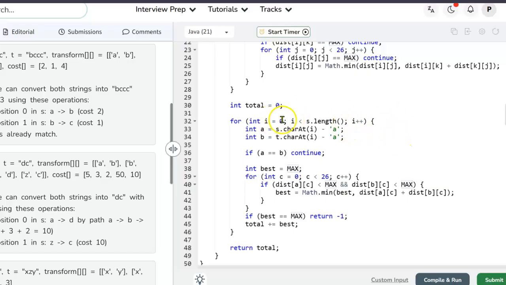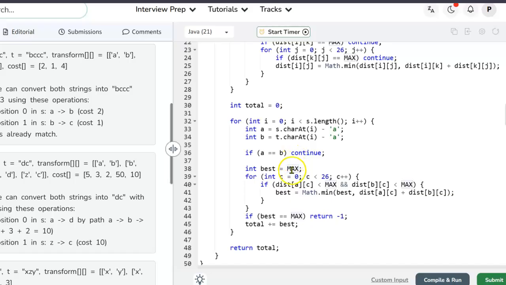So starting with I at 0 and iterating through the strings, we get the letter from S and we get the corresponding letter from T. We convert those to numbers from 0 to 25 by subtracting a lowercase a. If the letters are equal, then we don't do anything. There's no cost if the letters are the same.